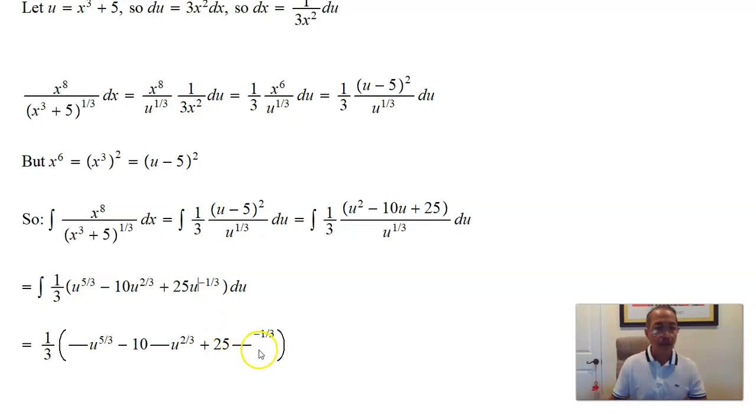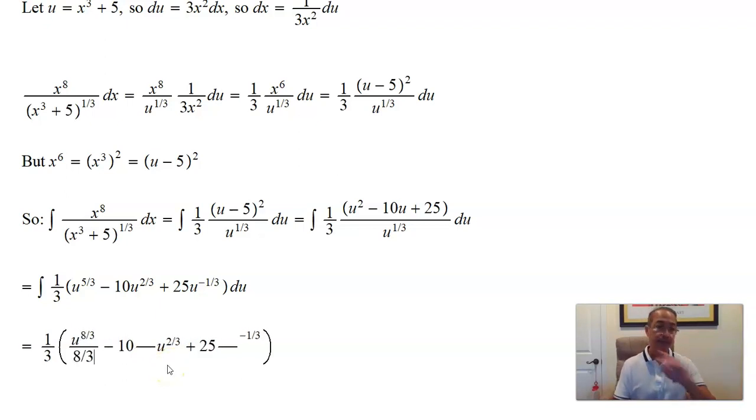That's 5/3 plus 1, so we need 5 plus 3, 8/3. So we will need u to the power 8/3 divided by 8/3. How about 2/3? 2/3 plus 1 is 5/3. So we need u to the power 5/3 divided by 5/3.